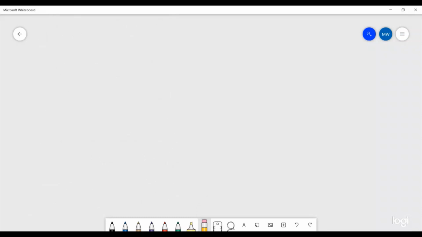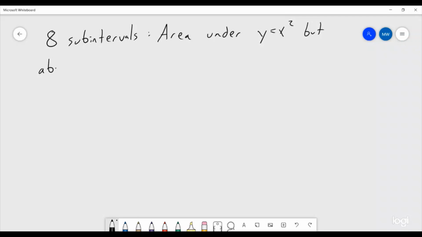If we are asked to try and do some different area approximations, this is a problem that you might come across. If you have 8 subintervals and you're trying to find the area under the curve y equals x squared, but above the x-axis, on the interval -1 to 3.